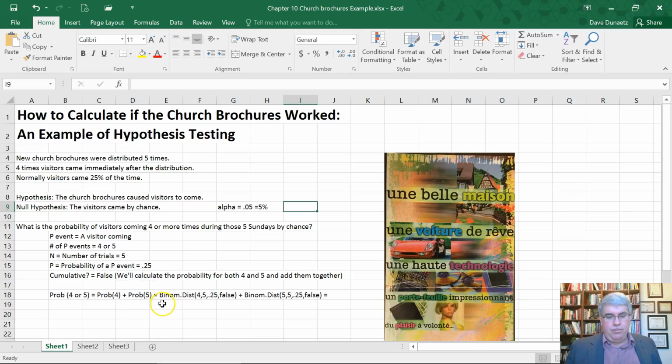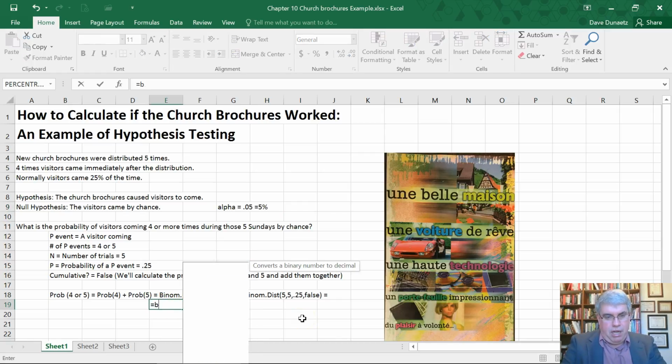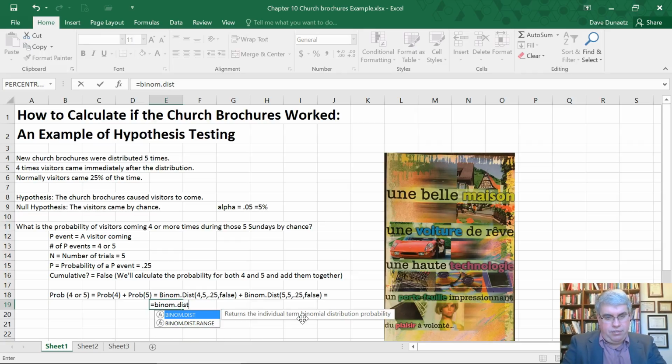So we're going to use the formula that we have here. I'm going to type it again. We'll do equals BINOM.DIST. Now the probability of getting 4 is 4 P events out of a total of 5. The probability of getting a P event is 0.25, and it's not cumulative, so we put FALSE.